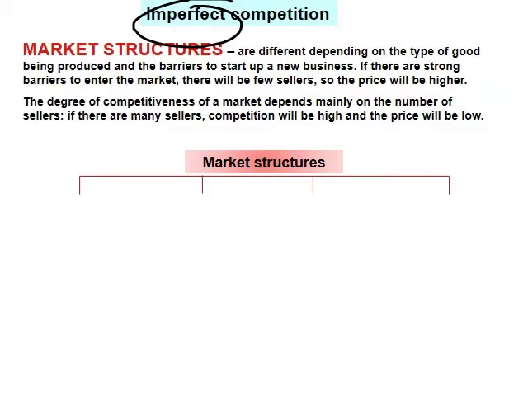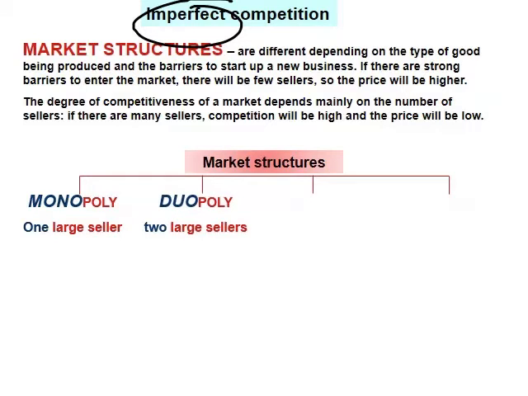Now, the reason these markets are imperfect is because they haven't got all the characteristics of perfect competition. So we'll start with the least perfect, the one with the most likely to have the highest prices, and that's monopoly. You've got one large seller. Mono, of course, means one.